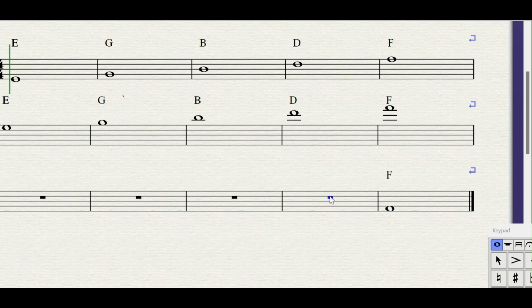F, D, that's the space below. B would be one ledger line below the stave.